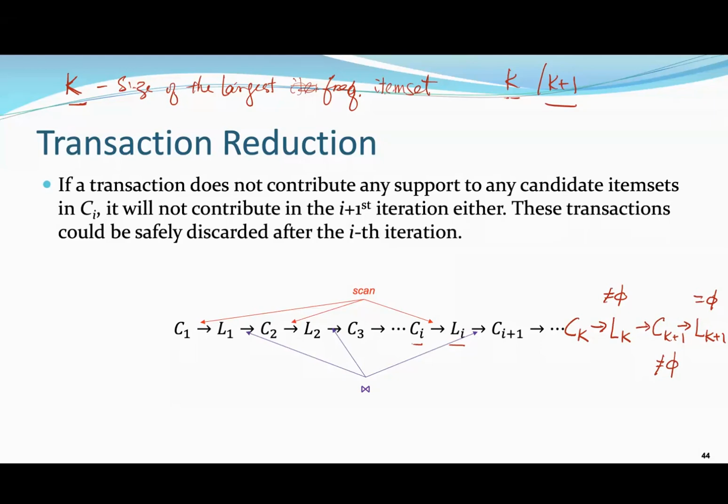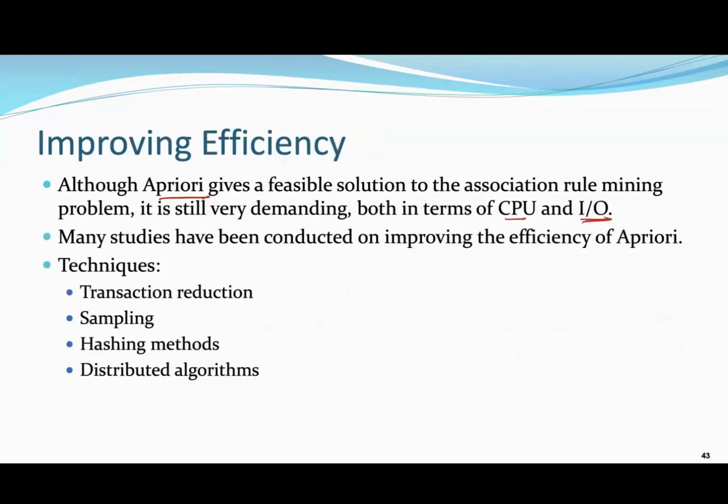Of course, we do not have enough time to cover all of those techniques because there are so many of them. Here, let me just very briefly mention a few, just to give you an idea of how the Apriori algorithm could be improved, all right? So some of the techniques include transaction reduction, sampling, hashing methods, and distributed algorithms. Because of the limitations of time, I probably would just cover the first three, mention them very briefly, all right?